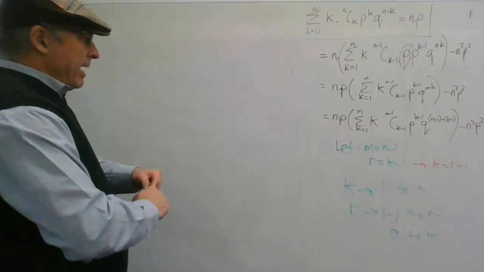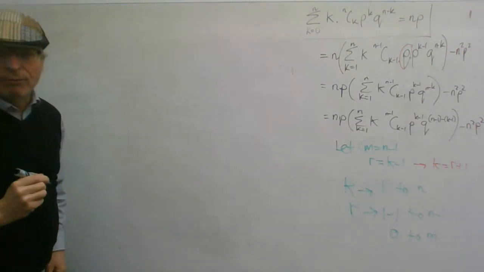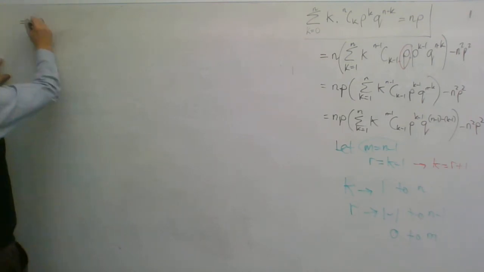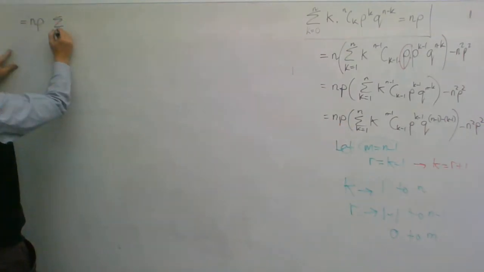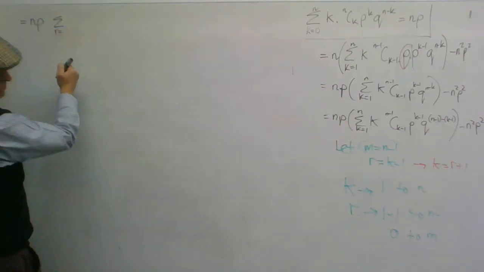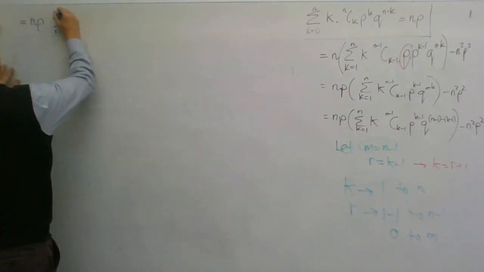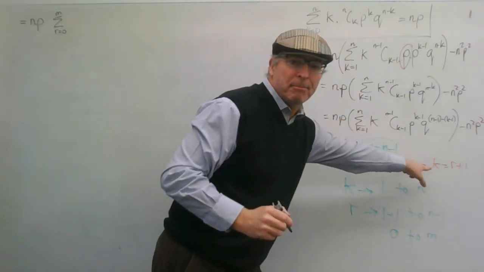All right, so we're up to here where we're going to do some replacing. We've got NP out the front of this. Then the summation is now from R equals 0 to M. And instead of K, I have to write R plus 1.